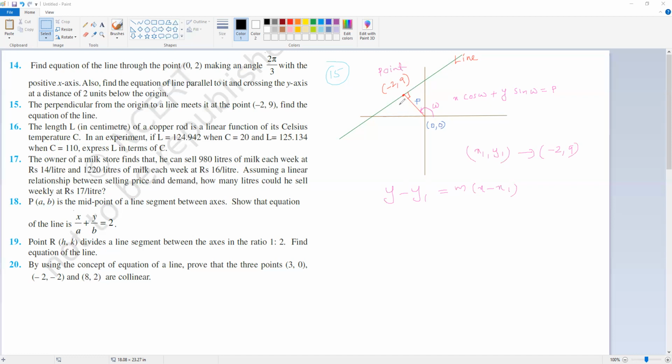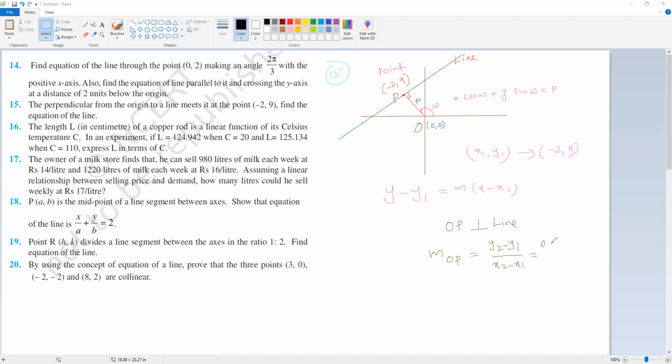Change in y divided by change in x. But for that we need 2 points on the line. Sir, let's call this point P. We know that OP is perpendicular to the given line, right? So we can find the slope of OP first. Slope of OP is change in y, y2 minus y1 divided by x2 minus x1.